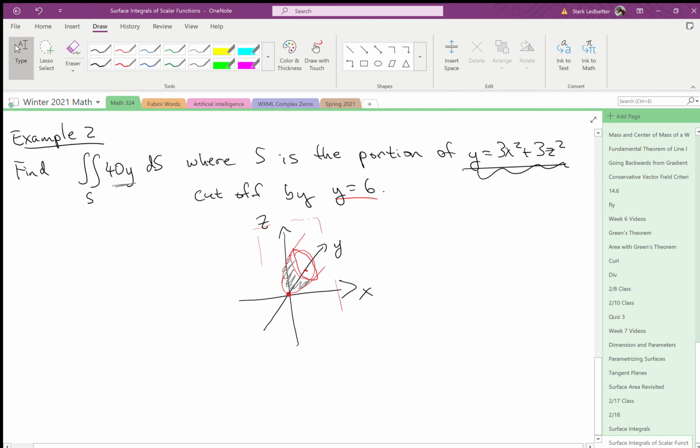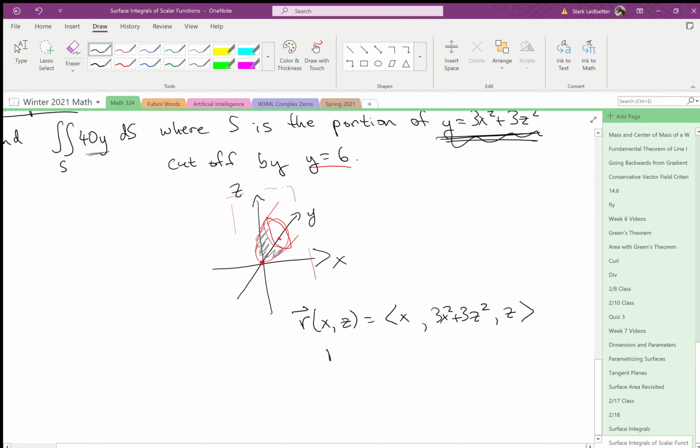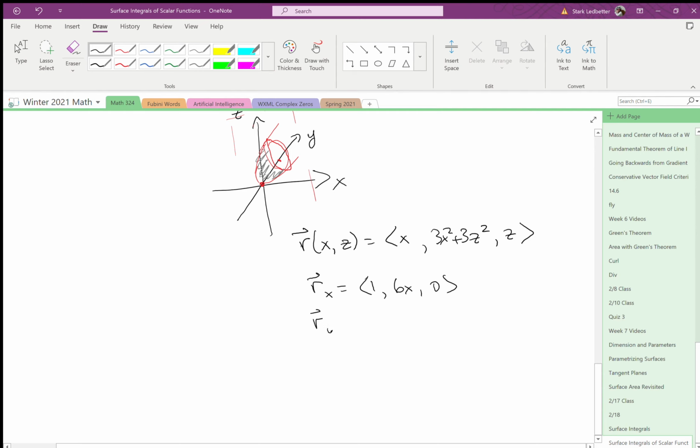Okay, so we could start off the same way as we did last time, right? Instead of z equals, it's a y equals. That shouldn't stop us. So maybe I'll parameterize it in x and z this time. And so x will just be x, and z will just be z. And then y is just going to be 3x squared plus 3z squared. Okay, then r sub x, I do a partial derivative with respect to x, that's 1, 6x, 0, and partial derivative with respect to z, that's 0, 6z, 1.